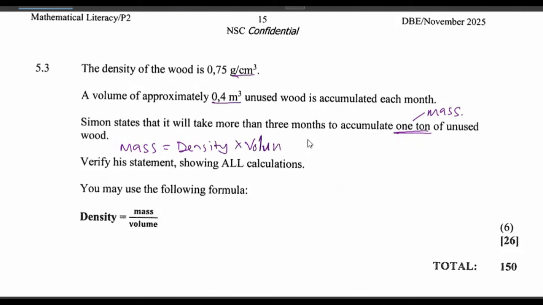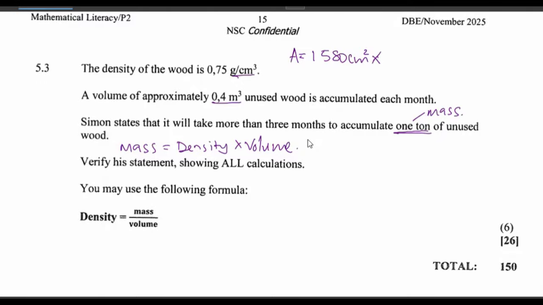Volume. Then we shall ask ourselves, what is the volume of the unused area? So remember, we were left with area. Area was 158. These were centimeters what? Squared.